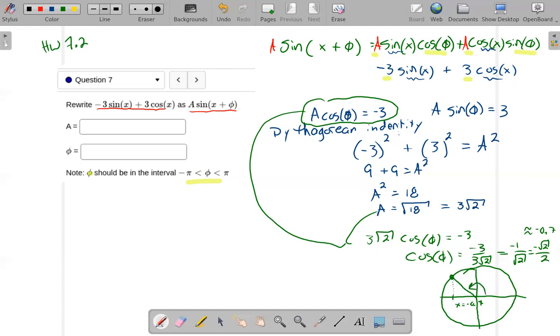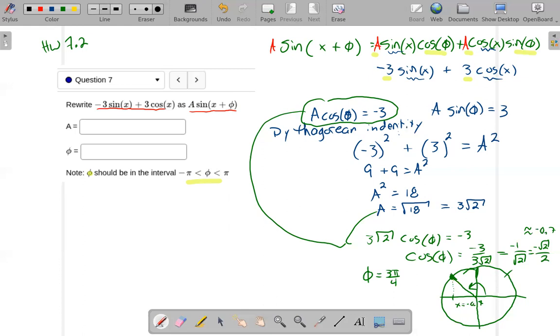And so it's going to give me that angle right there. And square root of 2 over 2 is related to pi over 4. So we're going to have 1 pi over 4 here, 2 pi over 4. That should be 3 pi over 4. So I believe that phi is 3 pi over 4. And that angle is less than pi and positive. So it's in this right side of the interval they asked me about there.